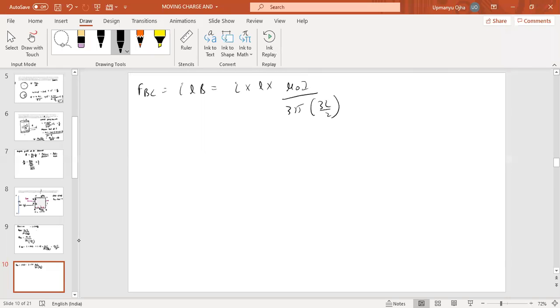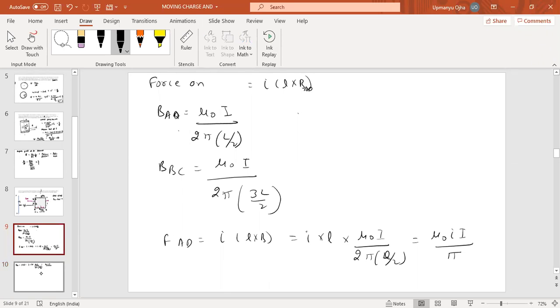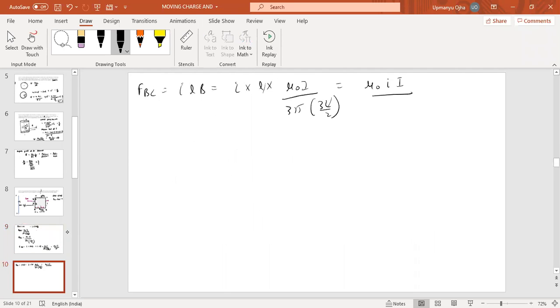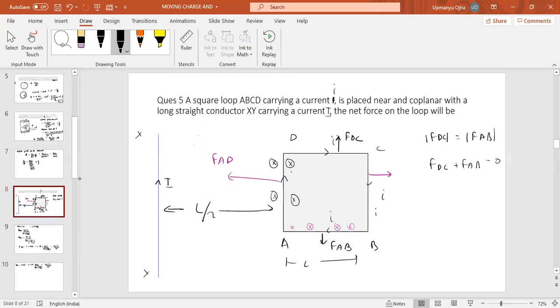Okay, fine. So length and length will get cancelled out. It will come as mu naught I by 6 pi. No, 6 will not come. 2 and 2 get cancelled out. So it is mu naught I by 3 pi. Now we can see that the directions of force on AD and BC are opposite.